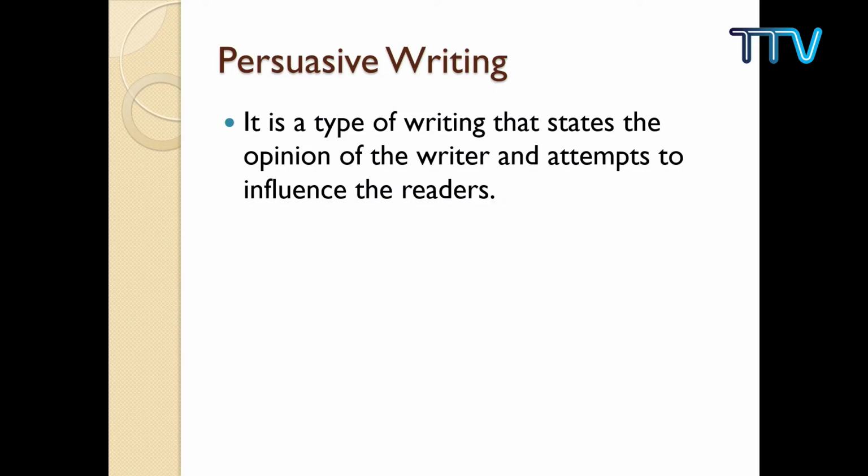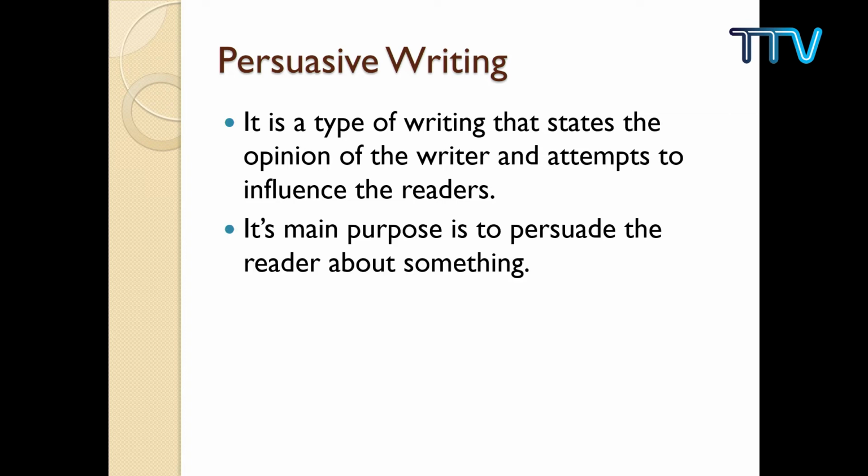It is a type of writing that states the opinion of the writer and attempts to influence the reader. So you are trying to convince the reader to accept your opinion, your point. Its main purpose is to persuade the reader about something. You are trying to convince the other person with your opinion.